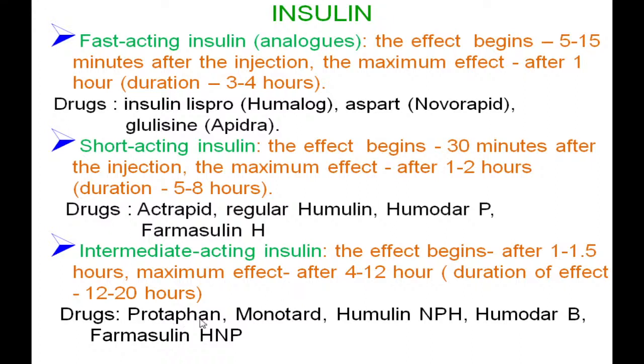Examples: Protaphane, Monotard, Humulin NPH, Humodar B, Pharmasulin H and P. Human neutral protophane, neutral protophane human, Hagedorn.